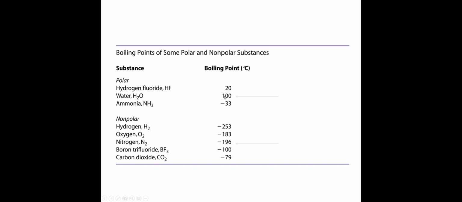Water has a very high boiling point owing to the fact that there are two hydrogen atoms there and two lone pairs on the oxygen, so that better balances out these charges. Again, this is something we'll see more in Chapter 4. And ammonia, even with a boiling point of -33, is substantially higher than for the nonpolar molecules here.